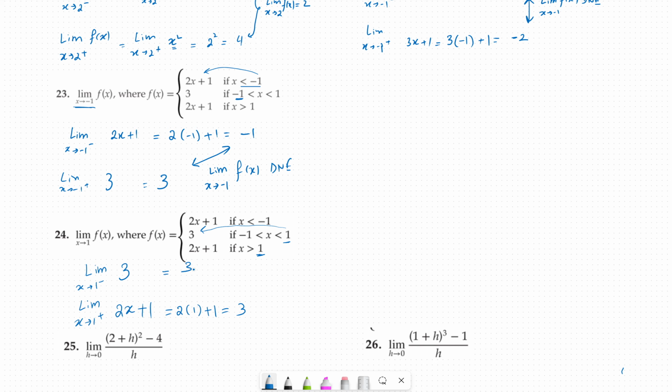So I got the same answer from the right and the left. This means that the limit as x approaches 1 for the function f of x is equal to 3, and the limit exists. So that's it for this type of question, the piecewise type of questions. Piecewise functions.